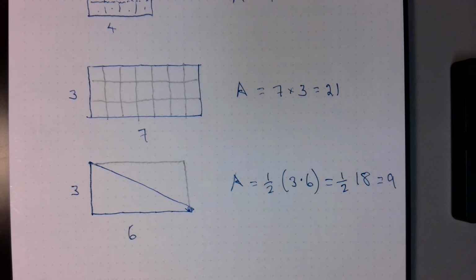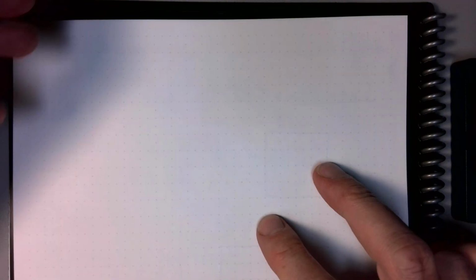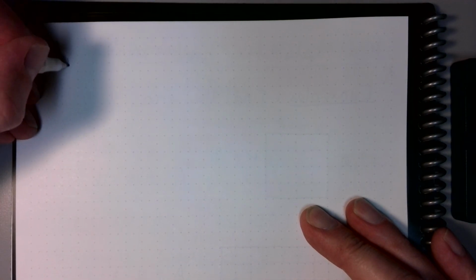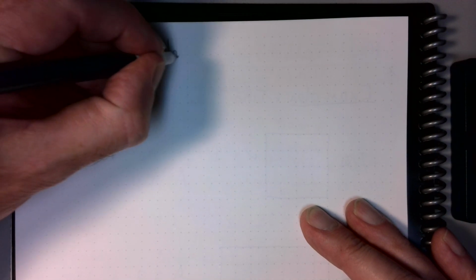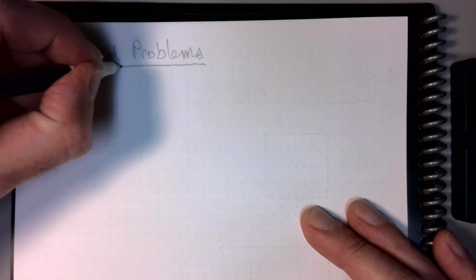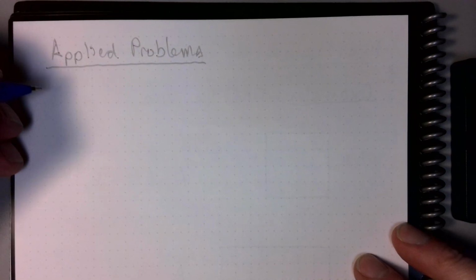Okay, and let's talk about 1 or 2 applied problems here. Okay, so in this first problem, let's pretend we have an orange juicer, you know, one of those machines that'll take an orange and squeeze it and make me some orange juice.